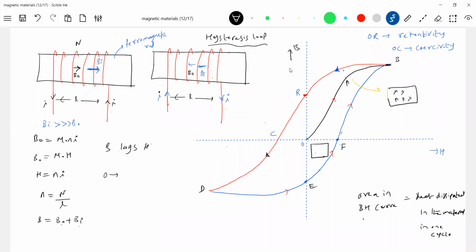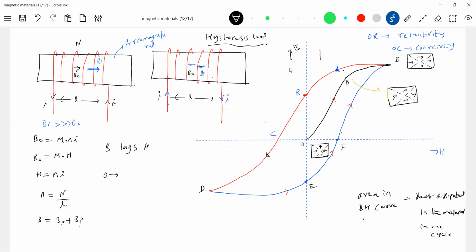This is initially zero, no? Some rough diagram, and at B, what will happen? All the domains, I'm not showing the shape of the domains, rough diagram, got aligned. Finish over. Further you increase, it cannot change. There is an upper limit for that particular domain.